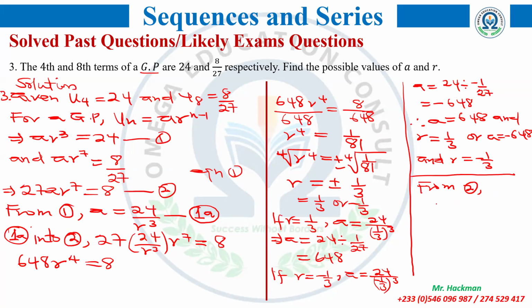From equation 2, I can write that one as 27 times AR cubed times R to the power 4. Do you agree? And that will be equal to 8. Do you agree? Do you agree that what I have here is the same as this, but in a different form?